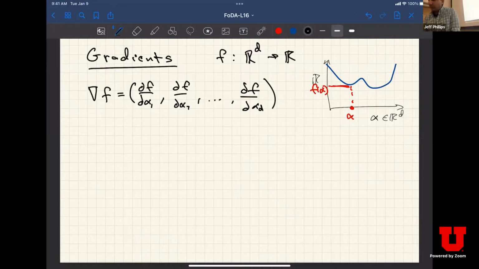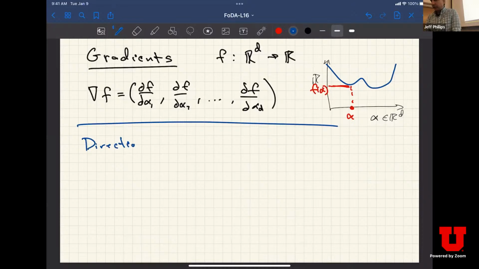And we had talked before about the directional derivative. This was written as nabla of u, which is some direction.